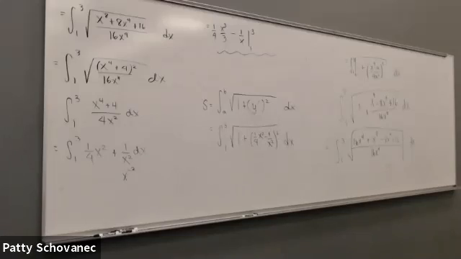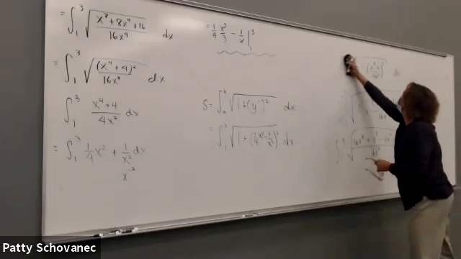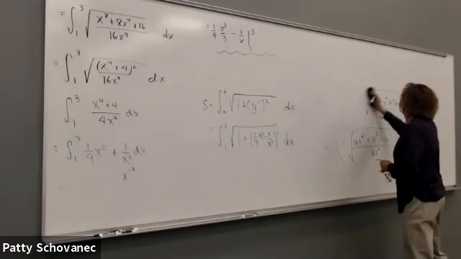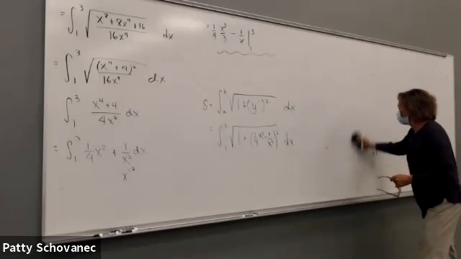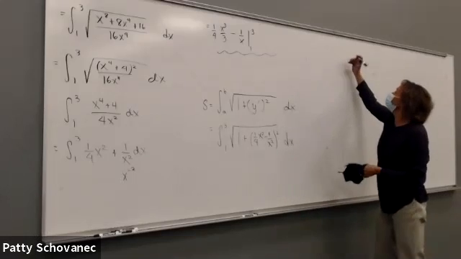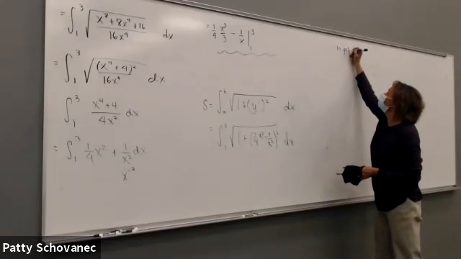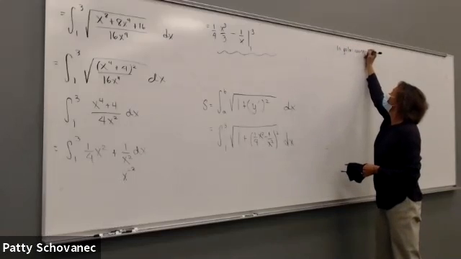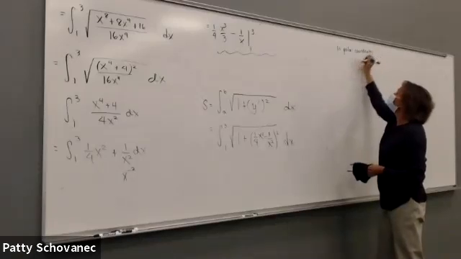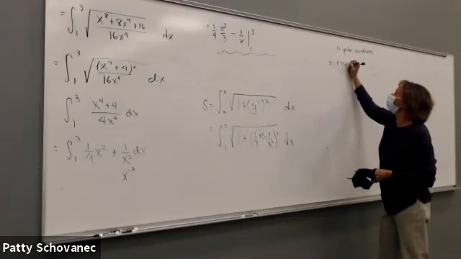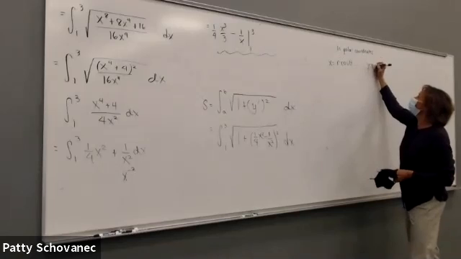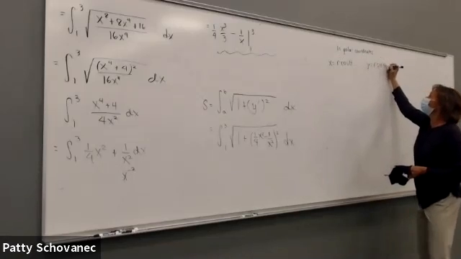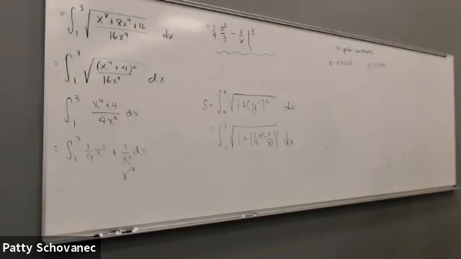Now, the polar version of this formula comes from x and y being functions of theta. So remember that in polar coordinates, x is equal to r cosine theta and y is equal to r sine theta, where r itself is some function of theta.